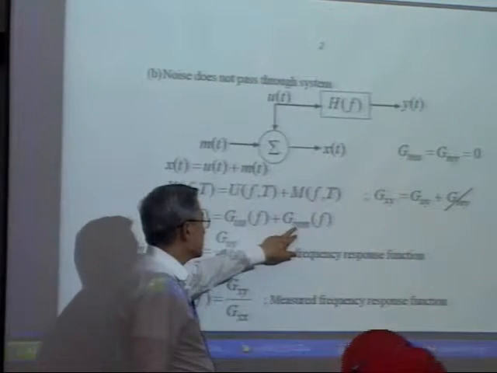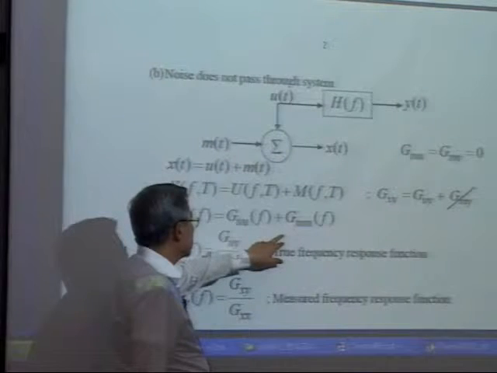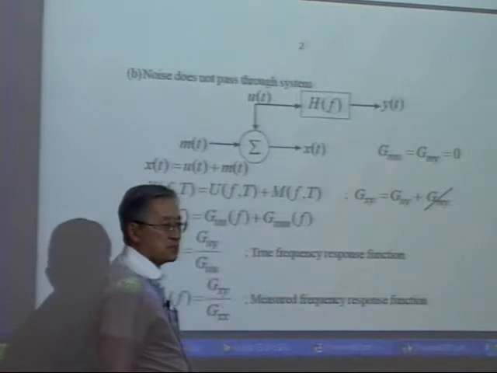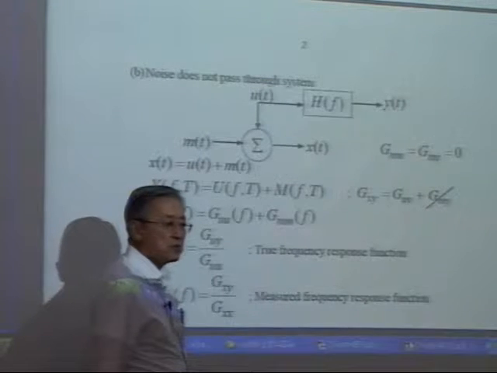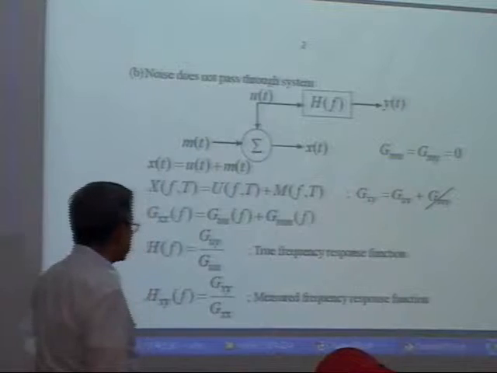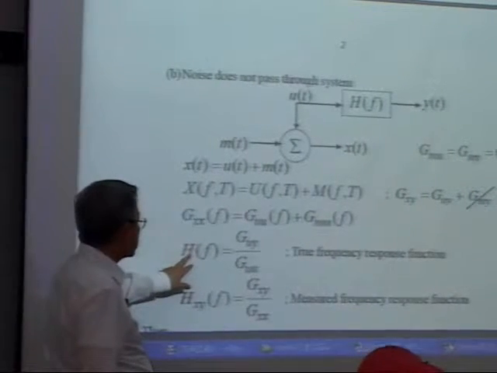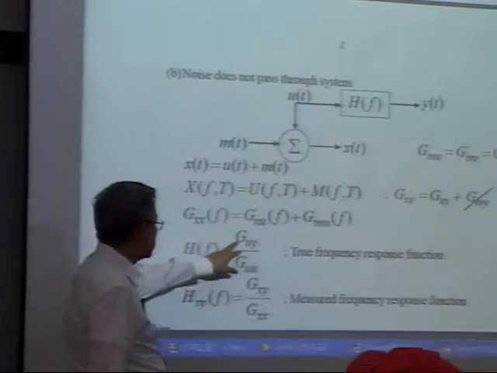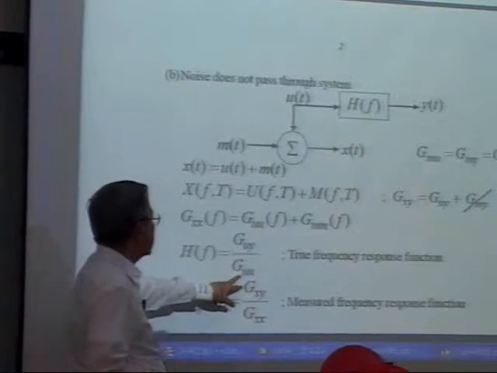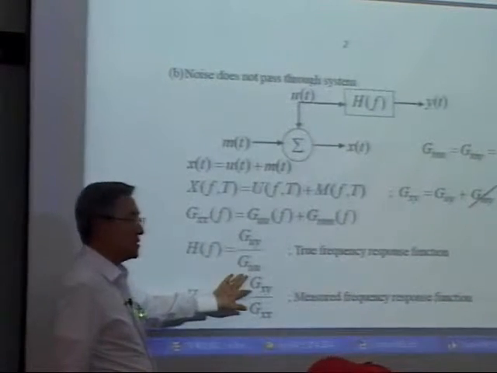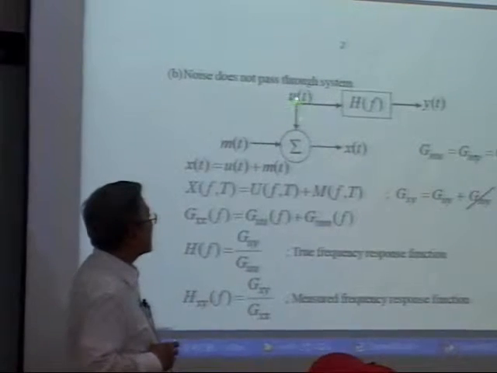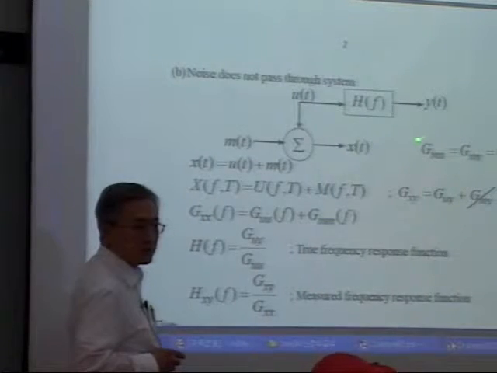What happened to the GXM, GMU? It's 0, uncorrelated noise. So H is GUY over GUU. By looking at it, can you tell right away? Because it's straight from here to here.